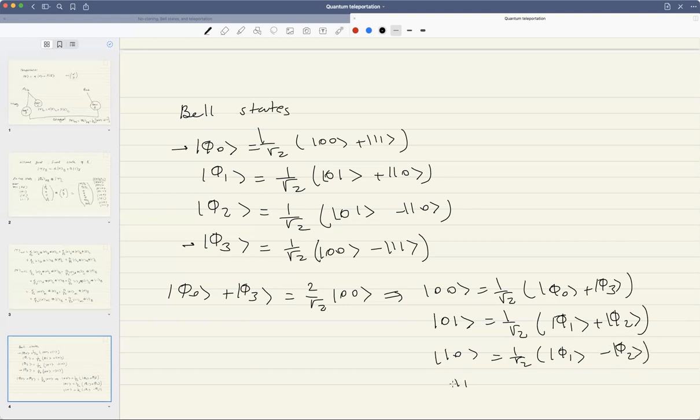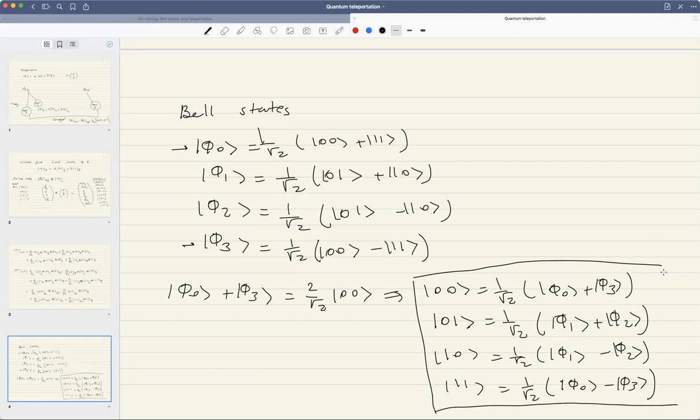And finally, 1, 1, I'm going to look at 0 and 3 and subtract 3 from 0 to cancel out the 0, 0. So that's going to be 1 over square root 2, phi 0 minus phi 3. Okay. So we know what these are in terms of the Bell states.